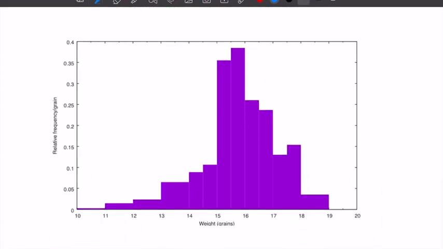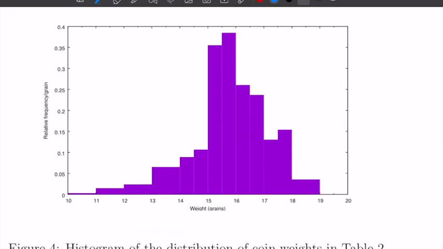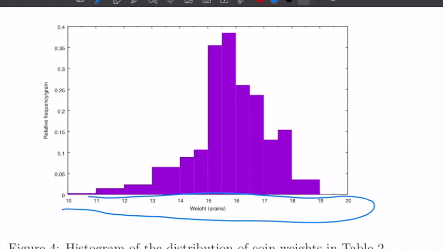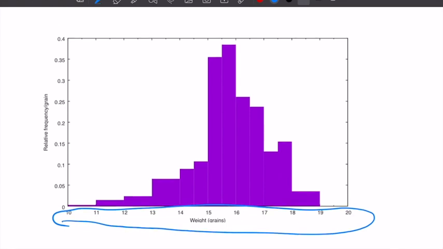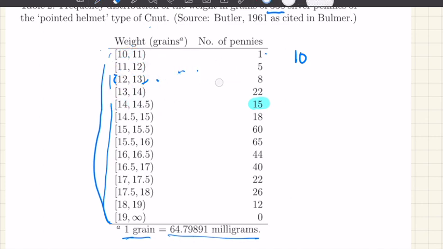This is a histogram of these weights, and the horizontal axis is the weight. As we have seen in this table, some intervals are of size 1 grain, some intervals are of size 0.5 grains.